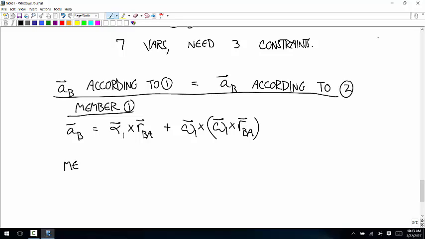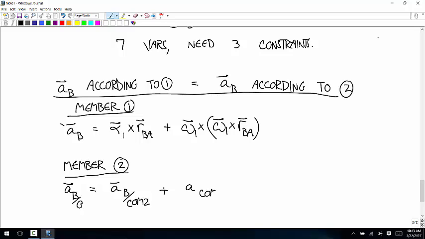And then according to member 2, the acceleration of B, this is B relative to the ground, is equal to the acceleration of B relative to the center of mass of 2 plus the acceleration of the center of mass of 2 relative to the ground.